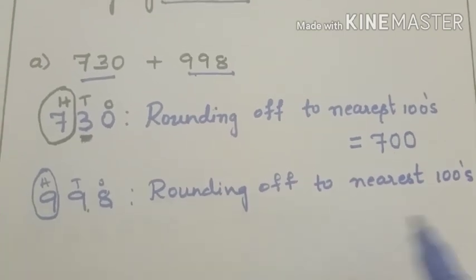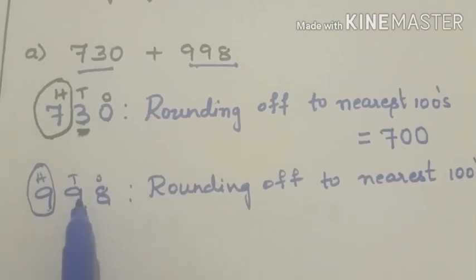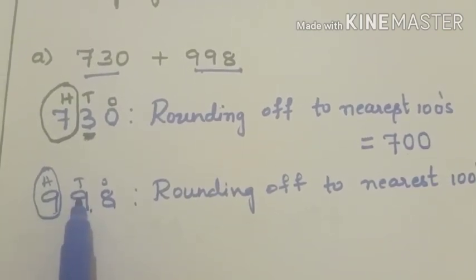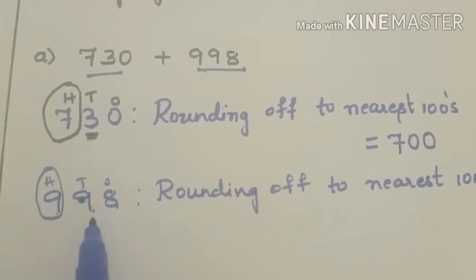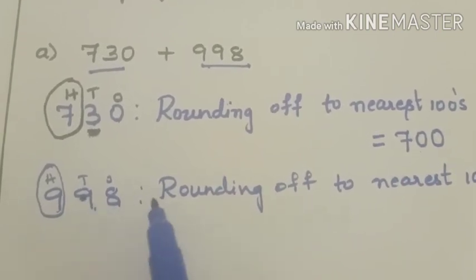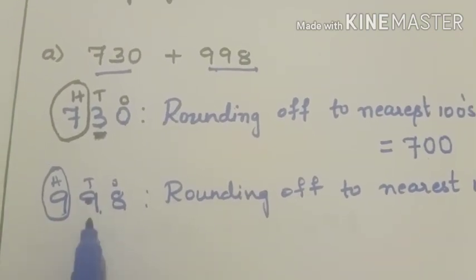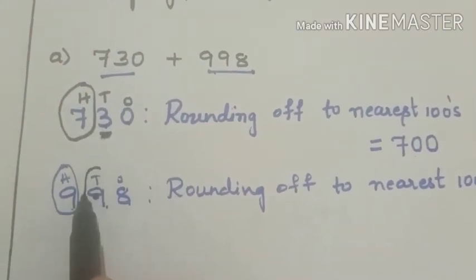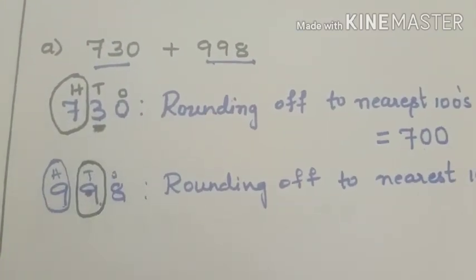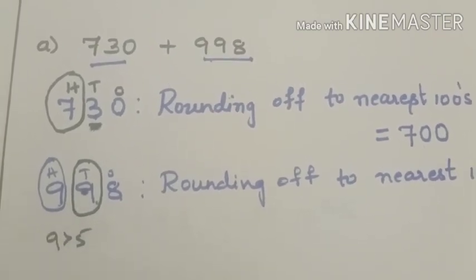So while rounding off to the nearest hundreds, you have to check one number before hundreds. Which is the one number before hundreds here? It is the tens place, right? So check whether the tens place is greater than 5 or less than 5. Here it is 9. So 9 is greater than 5. Correct?